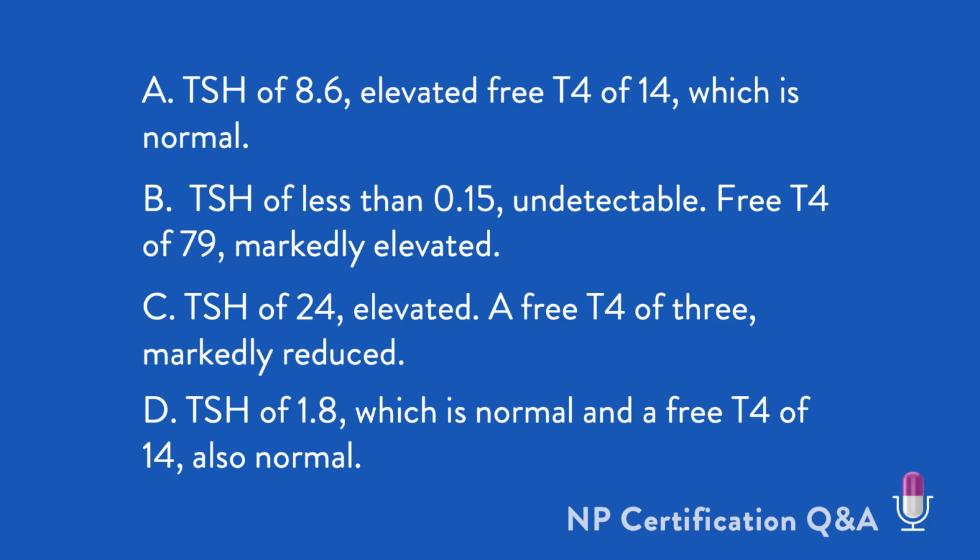A, TSH of 8.6, mildly elevated, and a free T4 of 14, which is normal. This is, of course, the correct answer. Here we have the classic presentation of subclinical hypothyroidism, where the free T4 is perfectly normal, but the thyroid is in the process of failing, and therefore the anterior lobe of the pituitary picks up on this and makes a little extra TSH, thyroid stimulating hormone, on board to keep that thyroid working.